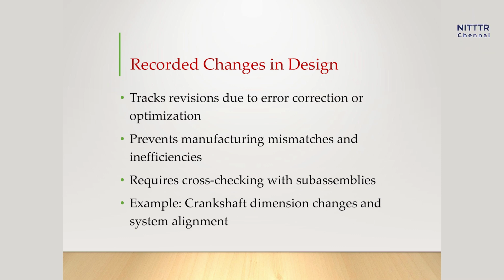Many of these revisions are initiated by the process engineers who identify the areas for improvement based on practical production challenges. However, failing to check for recorded design changes before the process planning can lead to costly manufacturing mistakes, affecting everything from the operation sequencing and tooling selection to location systems, auxiliary operations, and production cost.